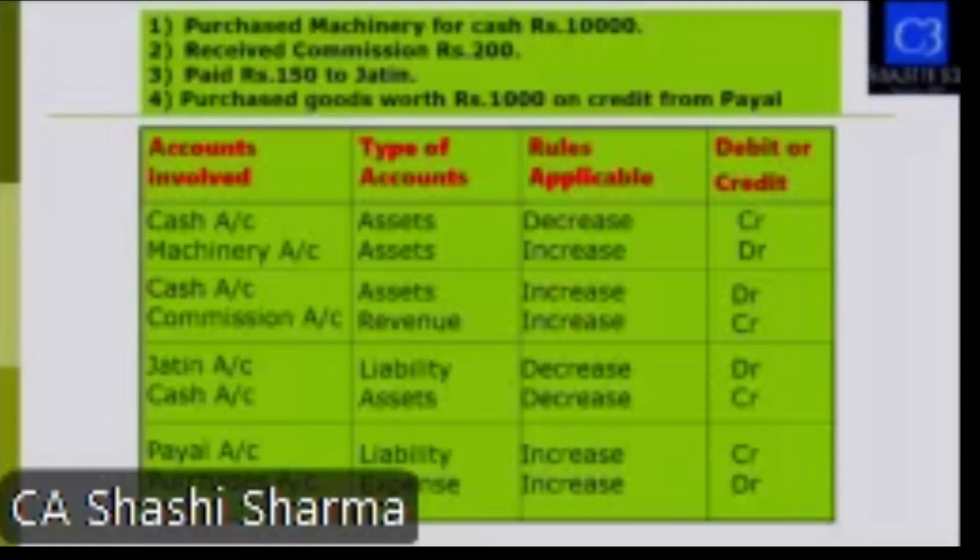Only then can you make a correct recording of a transaction. Let me emphasize once again the importance of recording. Recording is the most important function on which other functions depend. So these were the rules and types of account, debit, credit.